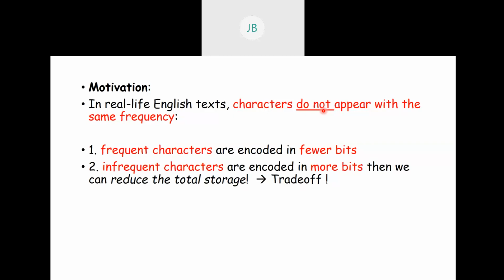Given a message or a stream of symbols, if we can understand which symbol appears more often and which is not so frequent, then the frequent characters are encoded with a few bits and infrequent characters are encoded with more bits. This is the idea we have seen in the earlier lectures. By that we can reduce the storage space.